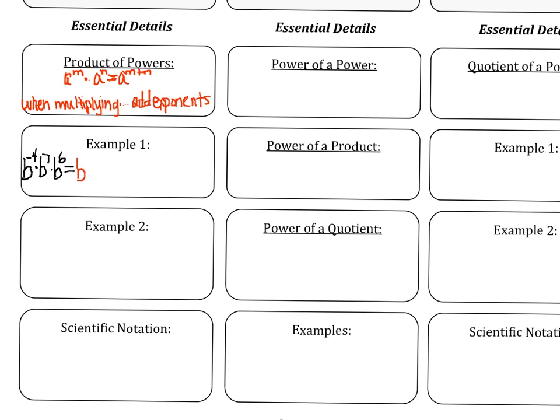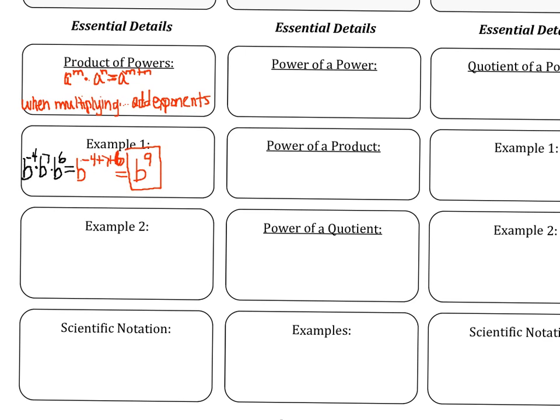So that equals b to the negative 4 plus 7 plus 6. If we add negative 4 plus 7 plus 6, that's b to the 9th power, and this is our simplified power.